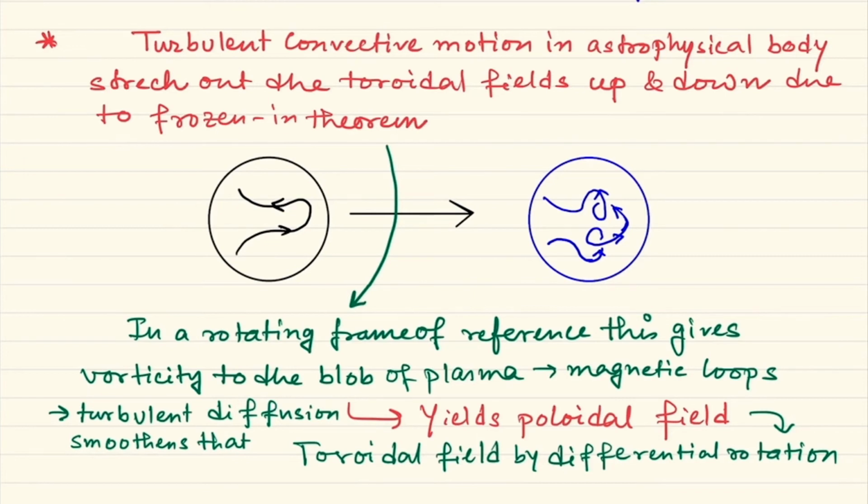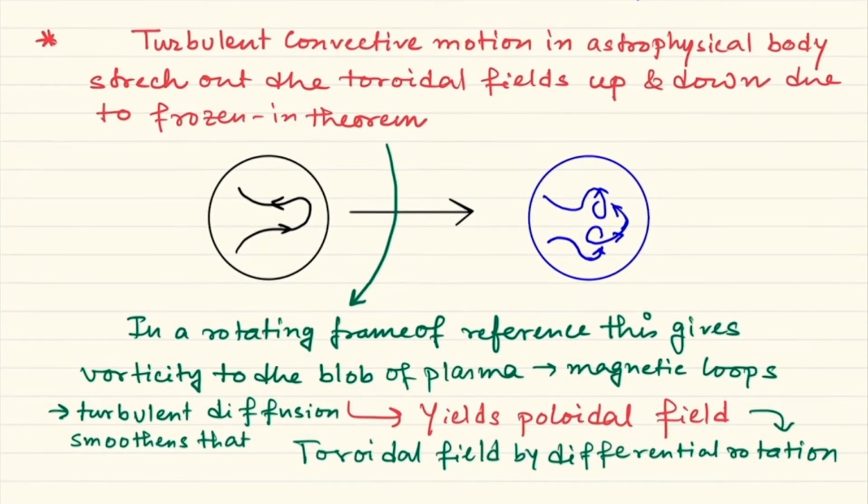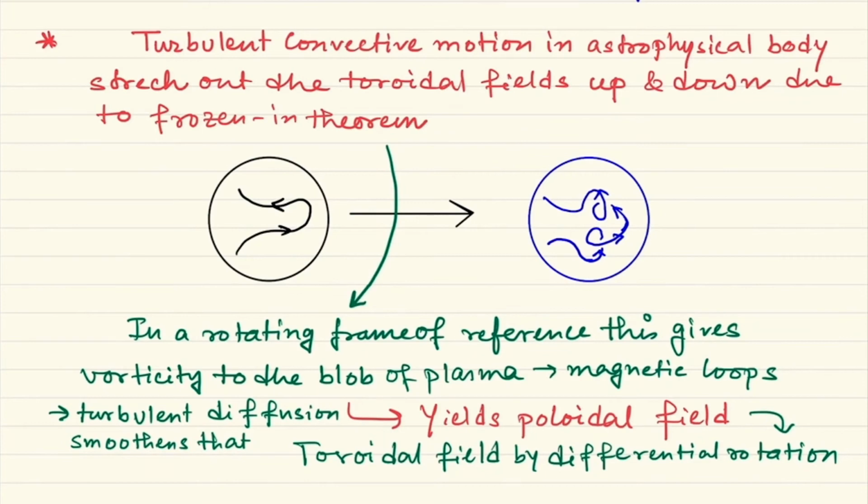Okay, so by helical turbulence, toroidal fields can give rise to poloidal field. And again, if the system has a differential rotation, as we can see in the sun, then again these poloidal field lines are stretched to give again toroidal fields by differential rotation. So this is the whole story of the turbulent dynamo.